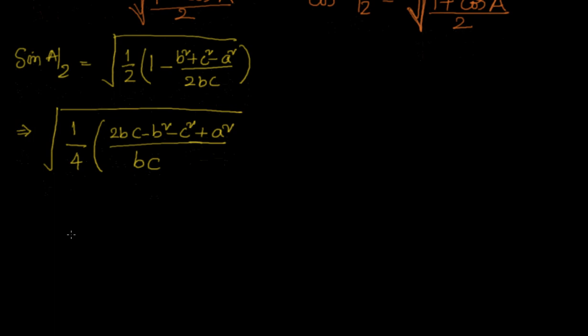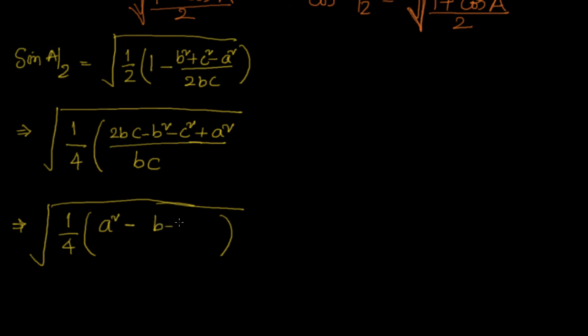Now I can write it as square root of 1 by 4 into, you can see here this is nothing but A square minus of B minus C whole square. Just to see whether you can understand that or not. If you take minus common here, what happens? This is nothing but minus of B square plus C square minus 2bc, plus A square.